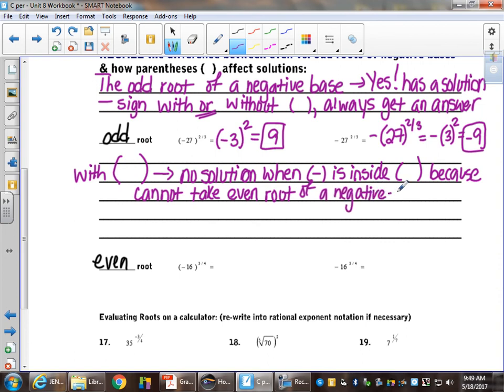And again, just for emphasis, no solution. So for the next one, there's no solution.